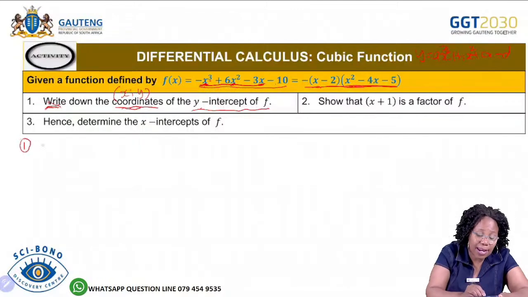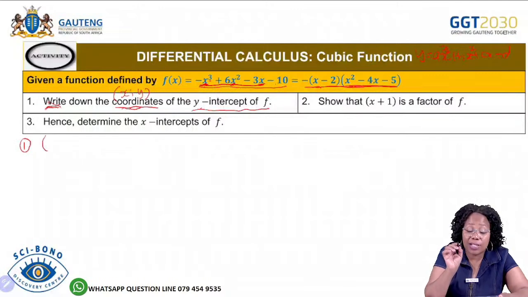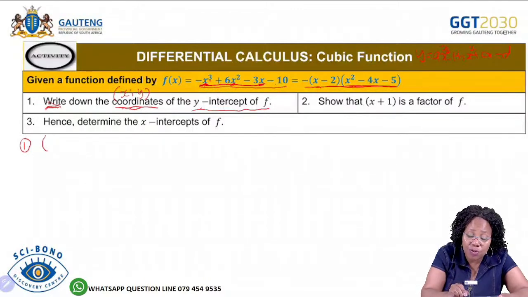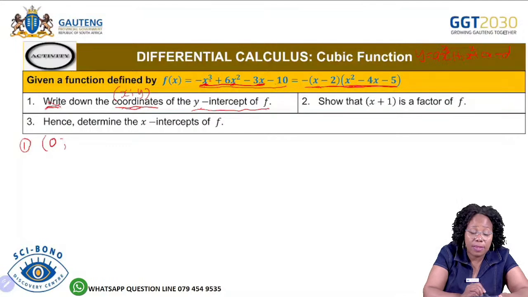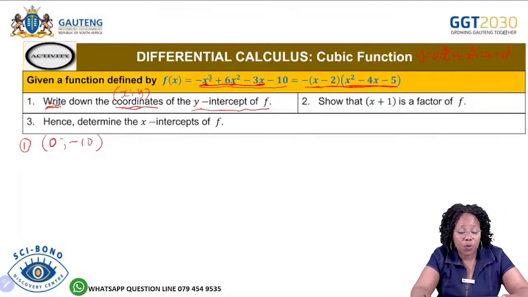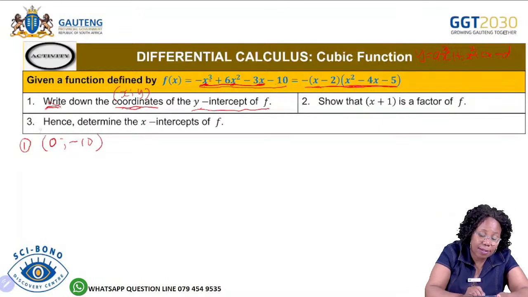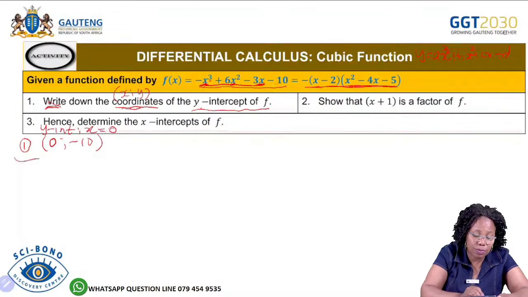So in order to get this minus 10, you let x equal to 0. Therefore, your x will be 0 because we need this in coordinate form, and the y value will be minus 10. So the coordinates of the y-intercept of your graph are (0; minus 10). Remember, when you find the y-intercept, you let x equal to 0.